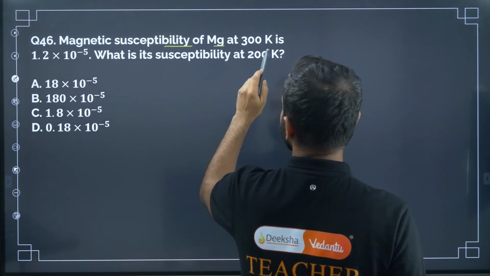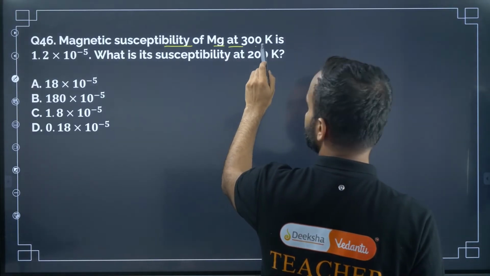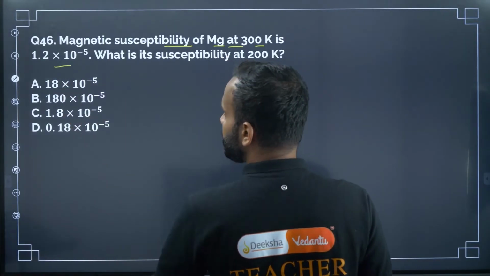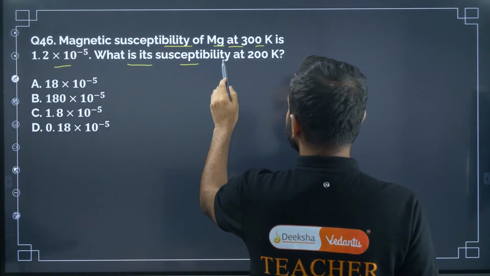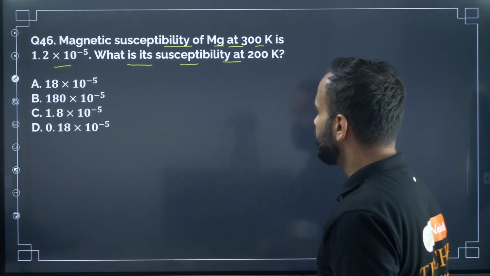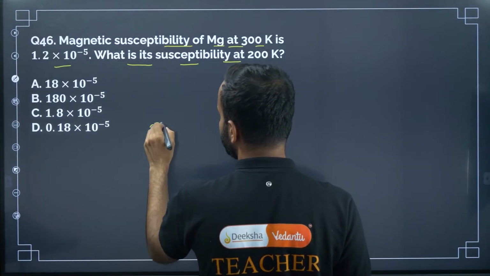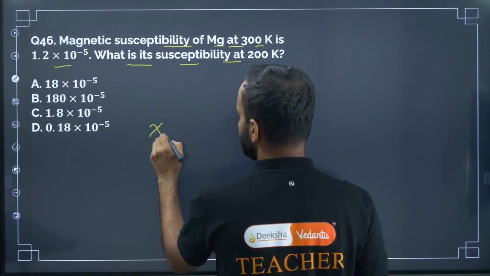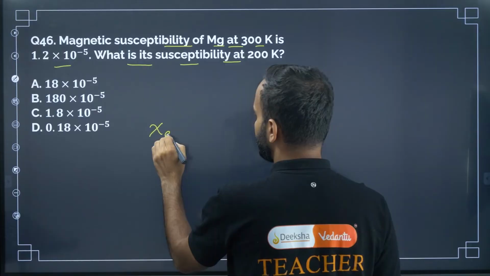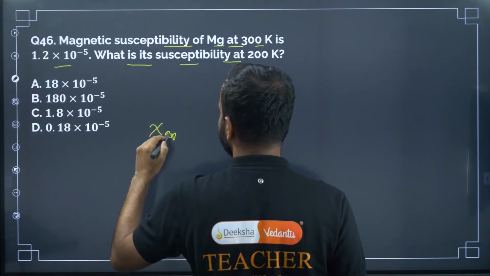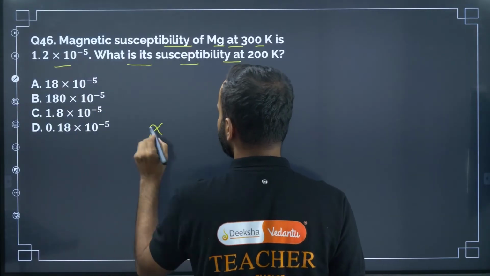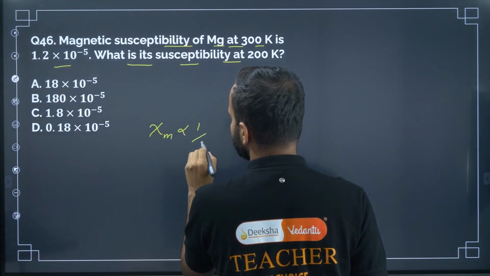Magnetic susceptibility of Mg, that is magnesium, at 300 Kelvin is 1.2 into 10 to the power minus 5. What is the susceptibility at 200 Kelvin? We know from Curie's law that the magnetic susceptibility of the material, xi m, is inversely proportional to absolute temperature.